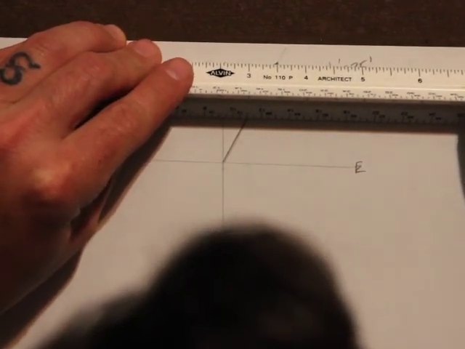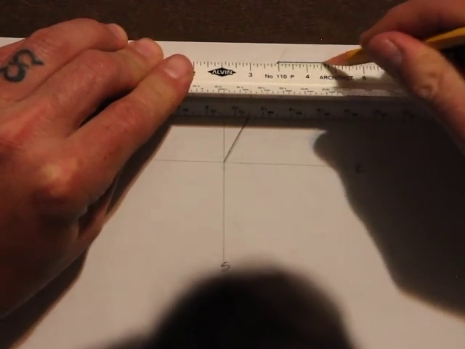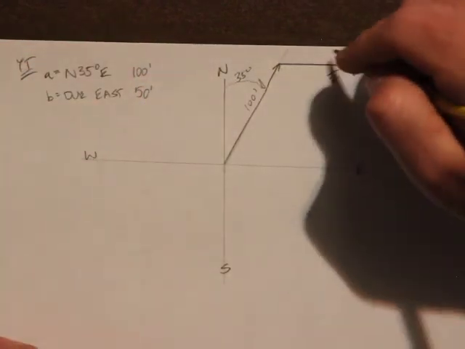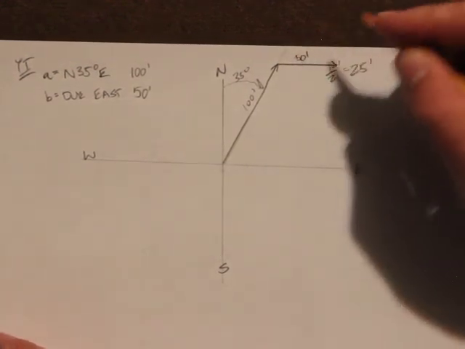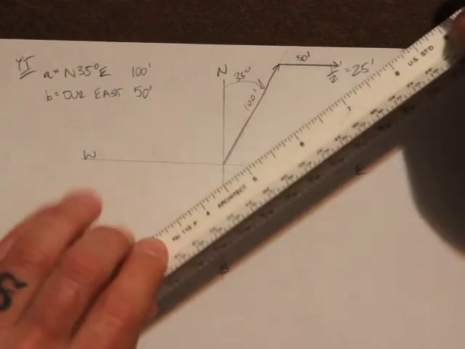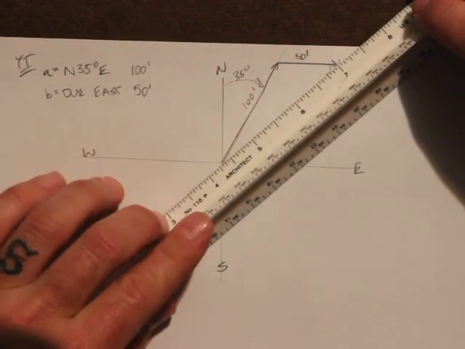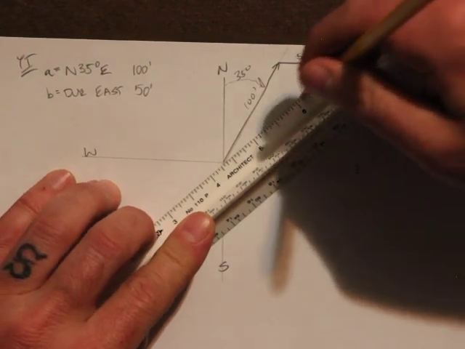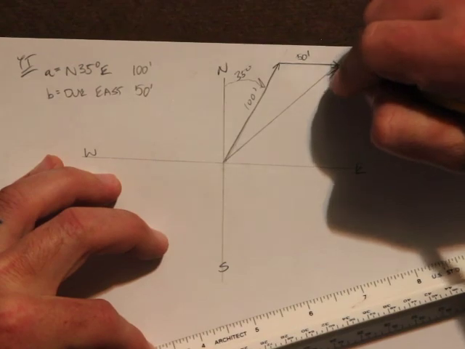So that is 2 half inches, or 1 full inch. So this is 50 feet. And then I'm going to connect the tip and the tail like that. There's my new vector, my resultant.